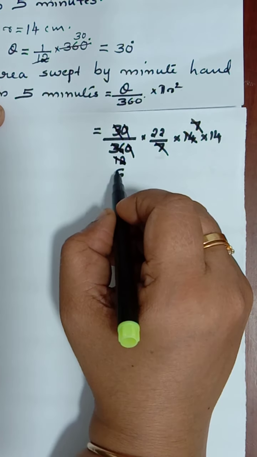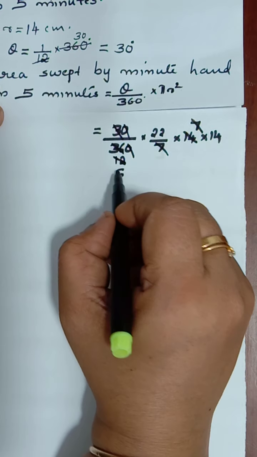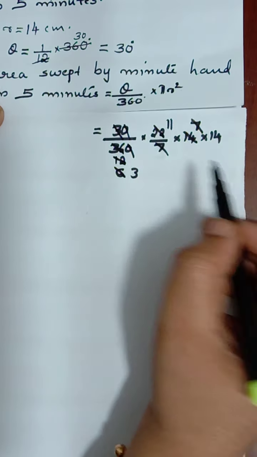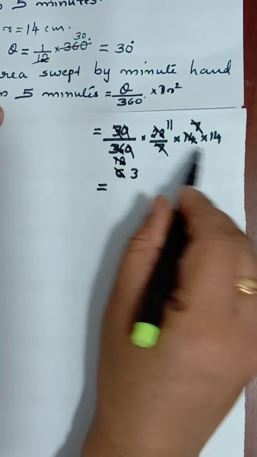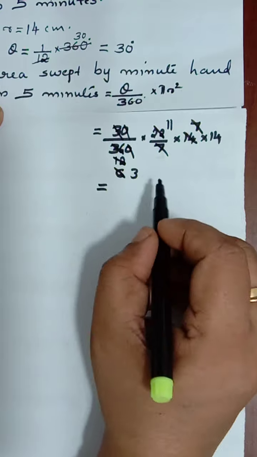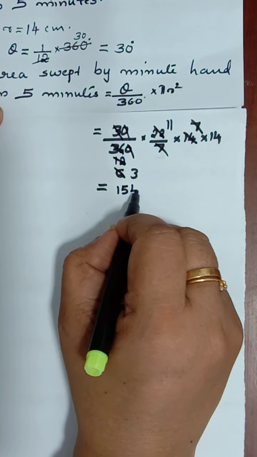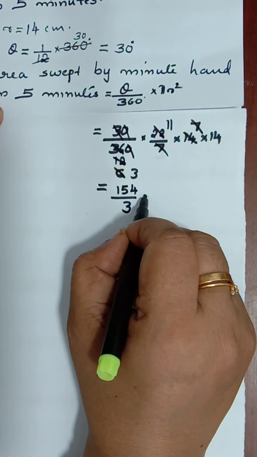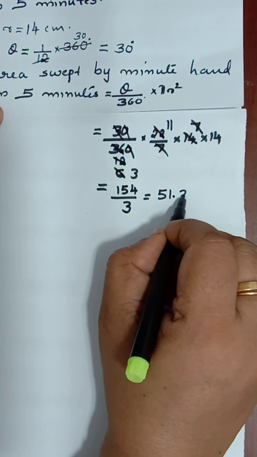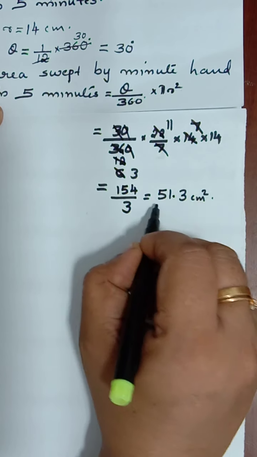Here we again cancel 6 as 3 twos, 22 as 11 twos. Now 11 into 14 you have to multiply. When you multiply you will get 154 divided by 3, with 3 in the denominator. So the answer is 51.3 cm square.